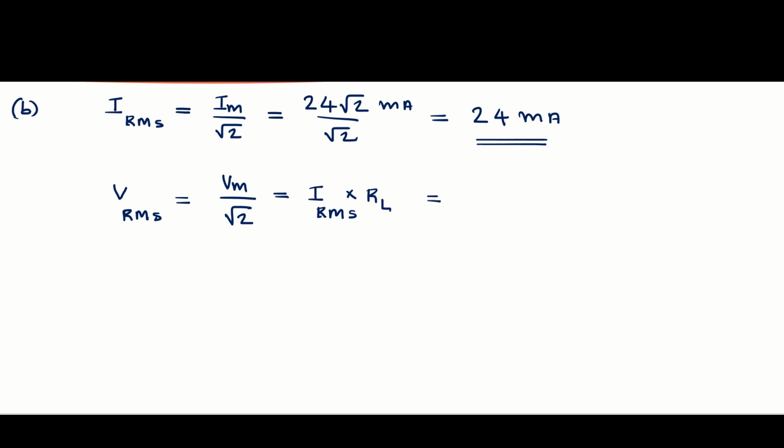So which is given by, IRMS value is 24 milliampere and the value of RL is 10 kilo ohm. 10 raised to 3 and 10 raised to minus 3 will become cancelled. So I can write Vrms equal to 240 volts.